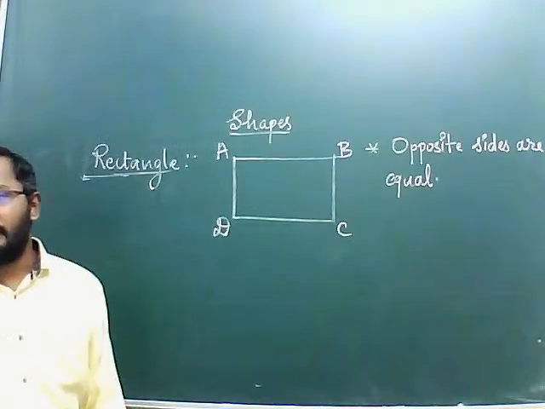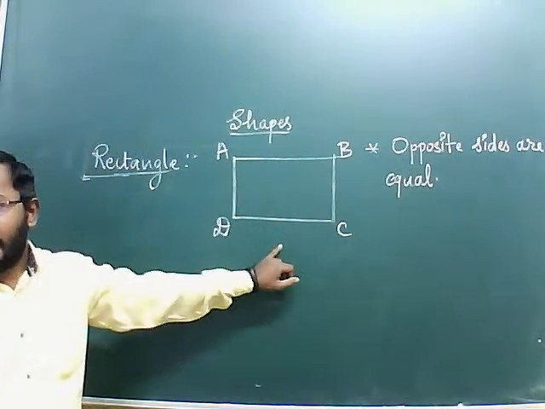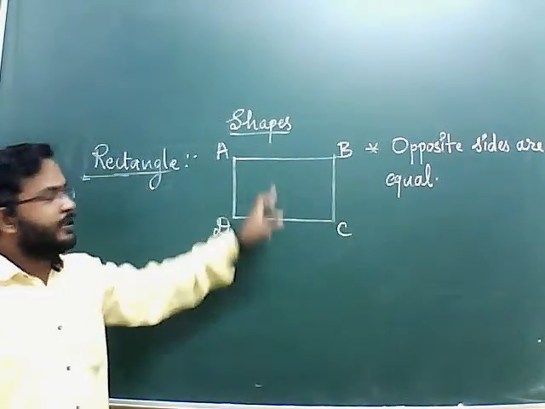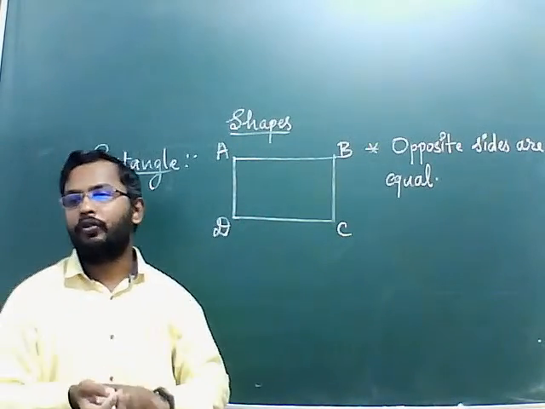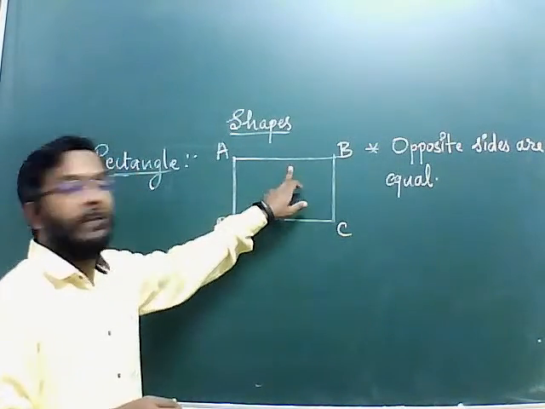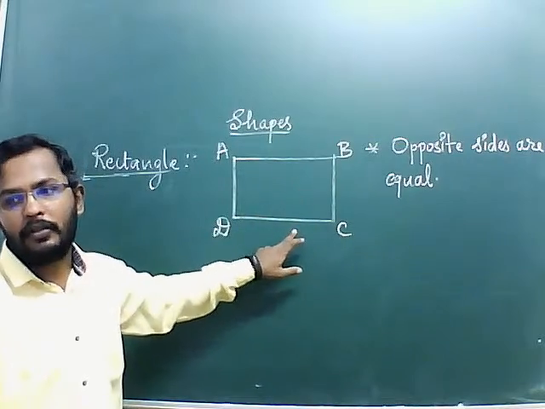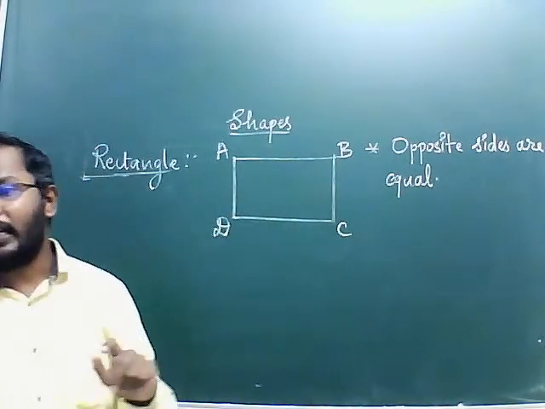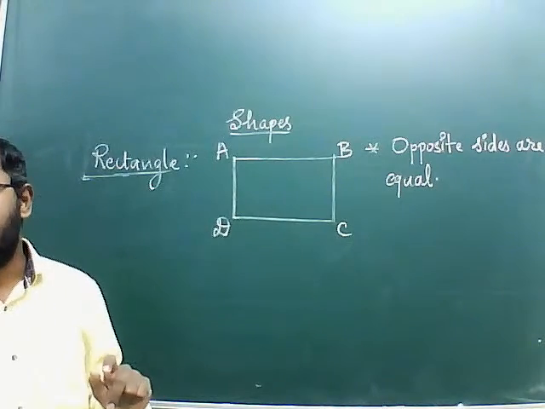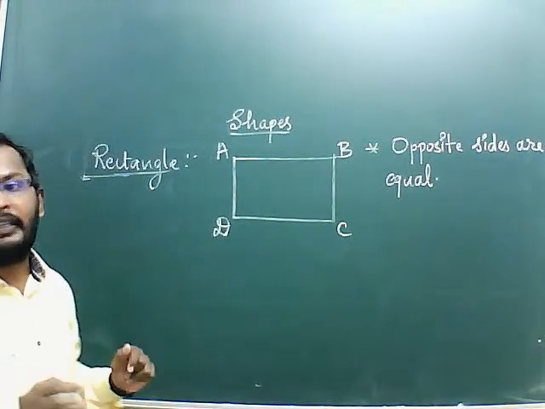Opposite sides are equal means what? These two sides are opposite. They are equal. If you measure them, both should be the same. If it is coming 5 centimeter, then this also should come 5 centimeter. In the same way, these two sides are equal. So opposite sides are equal in a rectangle.